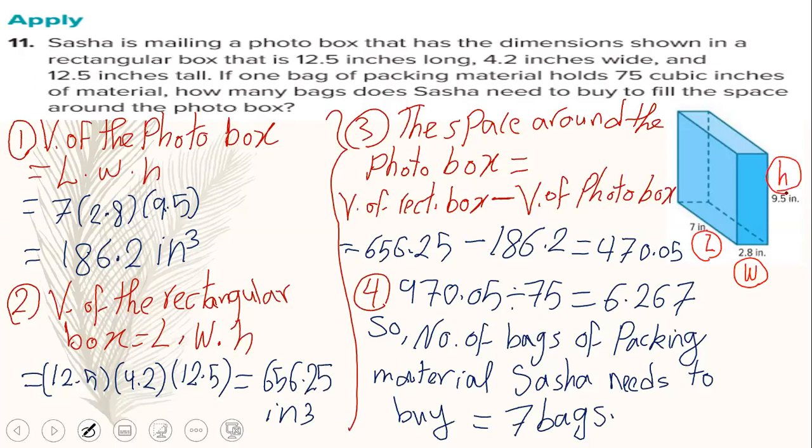Very clear, it's a rectangular prism. And Sasha is going to mail this photo box inside a rectangular box, which is 12.5 inches long and 4.2 inches wide. So this is length and this is width, and 12.5 is the height of the rectangular box which Sasha is going to keep the photo box inside.